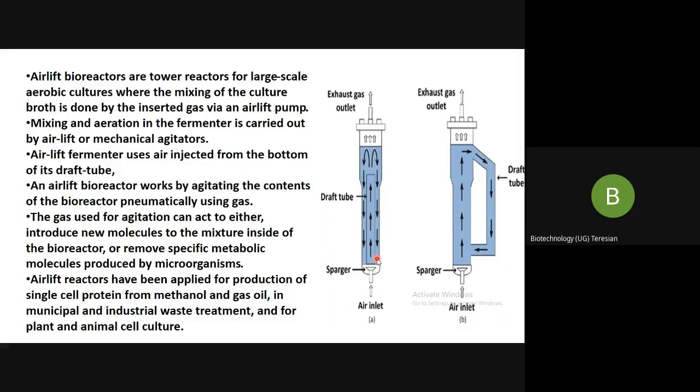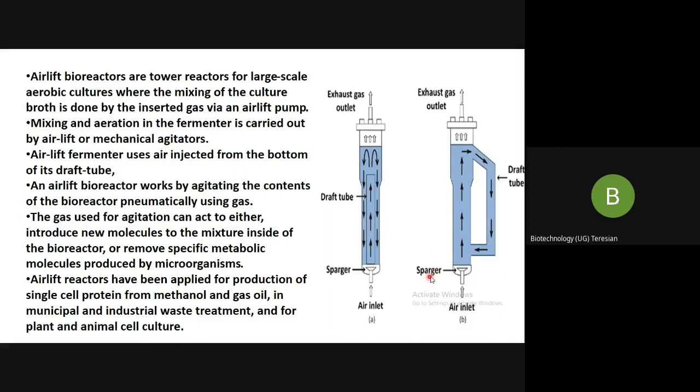Coming to the external loop airlift bioreactors, these bioreactors have an external loop in order to promote circulation via a separate independent channel. Several modifications can be made in these fermenters in order to fulfill various types of fermentation requirements. Here you can see the main cylinder and this is your draft tube.